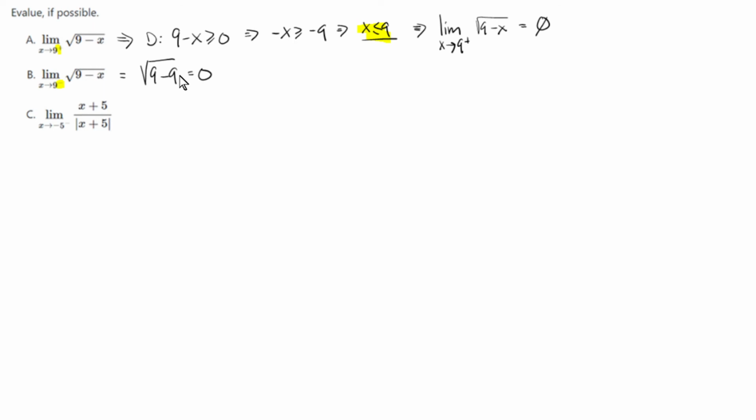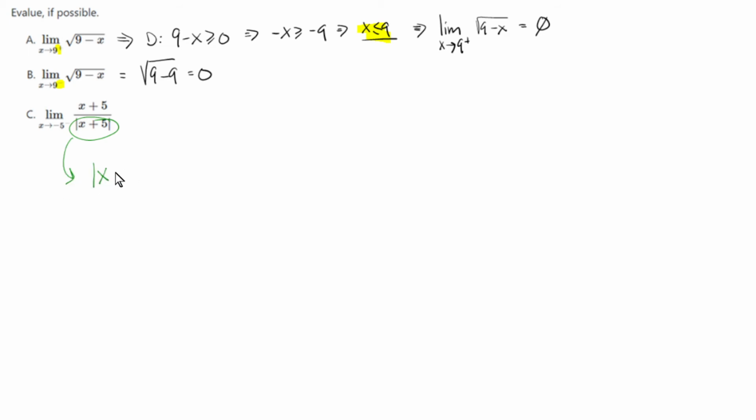In C, we have the limit as x tends to -5 from below of x plus 5 over the absolute value of x plus 5. Now, in the denominator here, we have two possibilities.